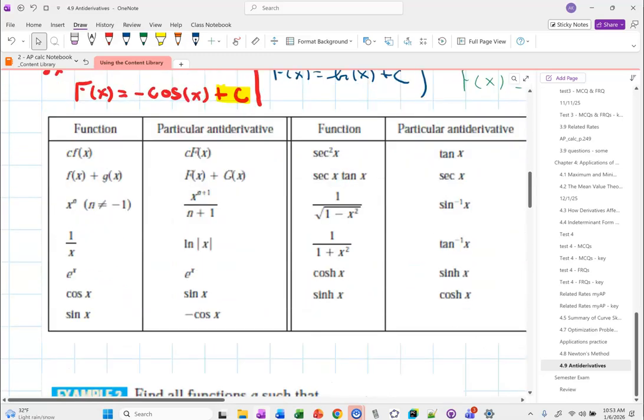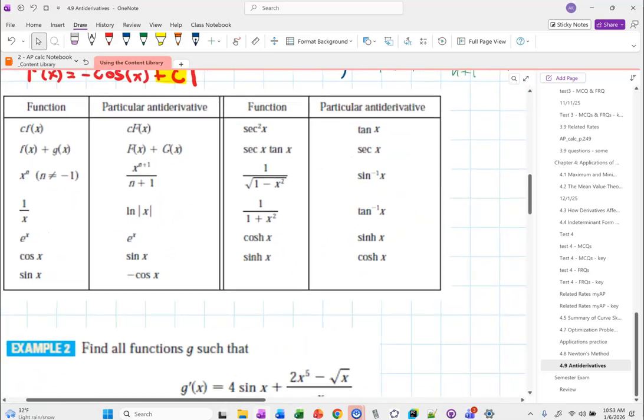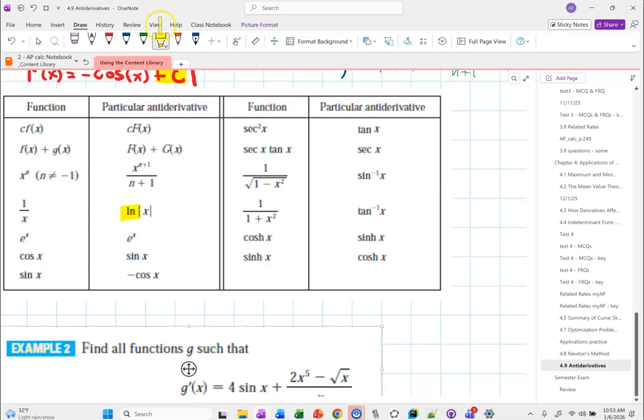So in general, we have a table here. All this table is, we're just consolidating our derivative rules from first semester into reverse. Notice that there is one little difference here, and that it's the absolute value of x inside of our natural log.